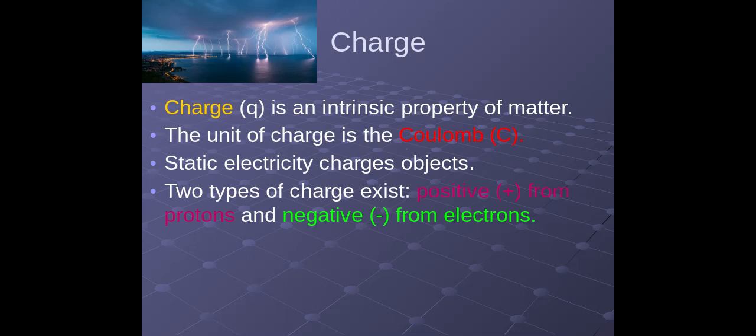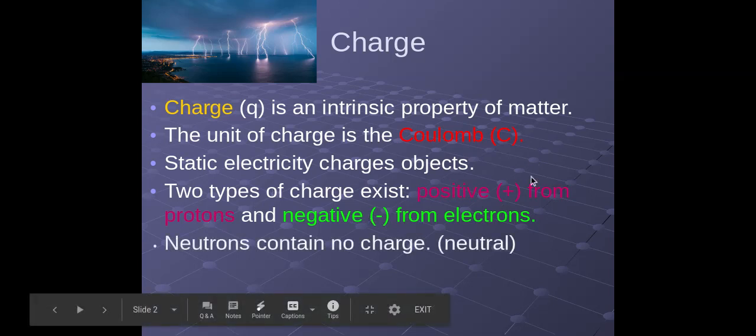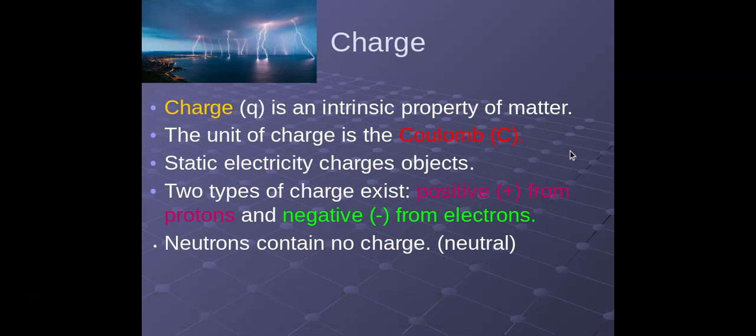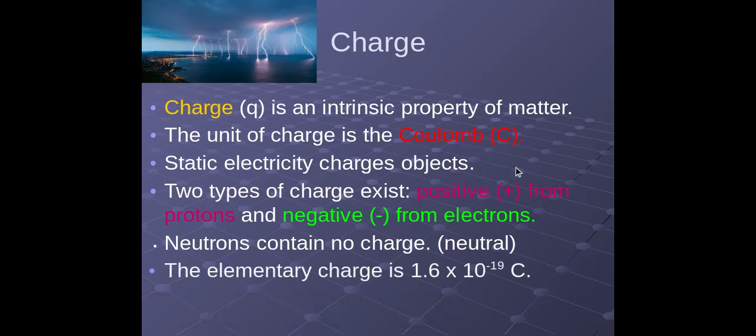I believe Ben Franklin coined those two opposite terms. So we have the positive charge coming from the subatomic particle of the protons. Negative charge comes from the subatomic particle of the electrons. There is a third subatomic particle of the neutron, and they contain no charge. They are neutral, hence their name. This should all be reviewed from chemistry, but there it is again.